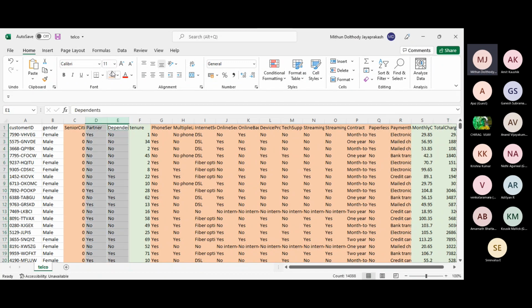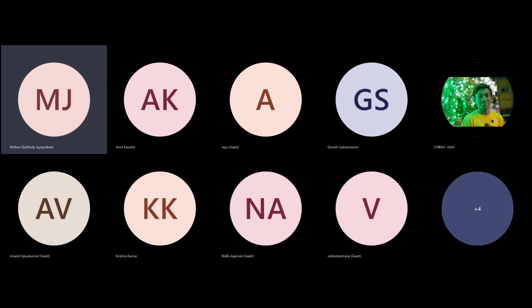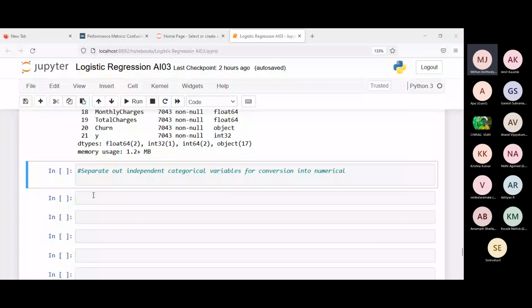Look at these variables, partner and such things, and even gender for that matter. So effectively, we have 16 categorical variables which we need to convert to numeric variables, correct? If we use the label encoder transform, it will be a bit of a problem. So we don't want to use that transform function. What we will now be using is another function, which is called get underscore dummies. Let's go ahead with this.